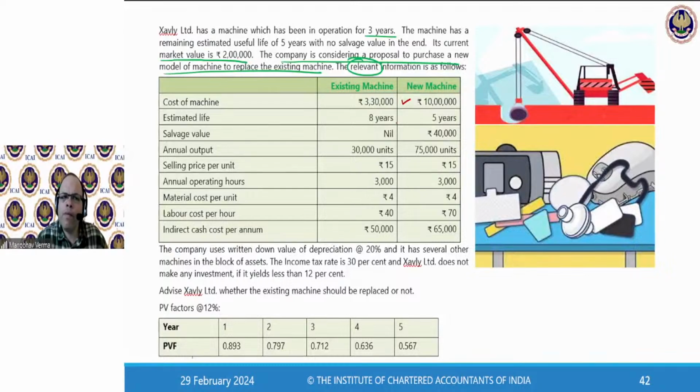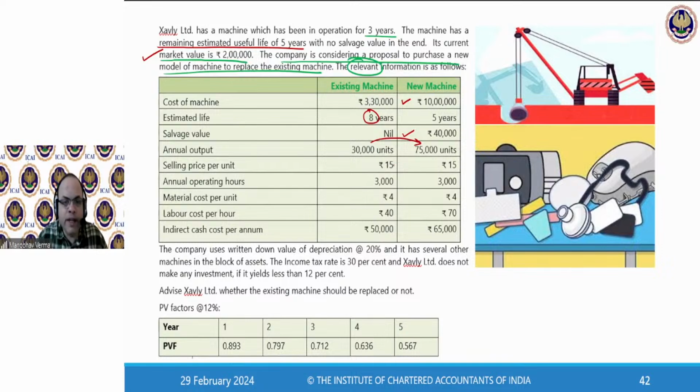Now, in that case, we are looking at an estimated life of 5 years for the new machine. Mind you, the existing machine also had a remaining estimated life of 5 years. So 5 plus 3 is 8. So that's what they mentioned here. Salvage value is 40,000 here. I think the market value of the existing machine is already given to us as 2 lakhs. Annual output, I can already see a reason for which the company is thinking of replacing the machine, because I can see a significant change in the volume of the sales, right? 30,000 to 75,000.